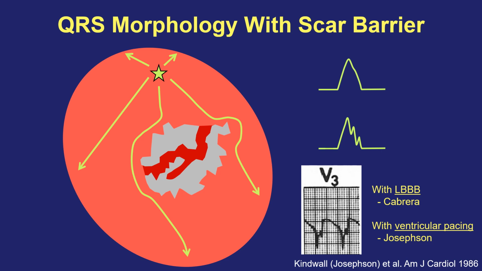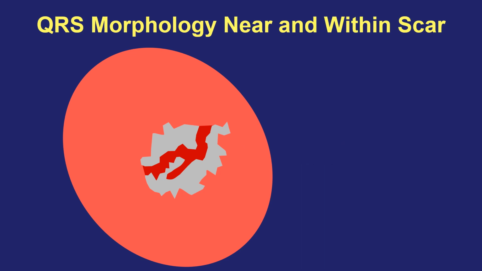Here's an article from 1986 published by Kindwall and Josephson, and part of the figure from there showing this sort of fractionation or jaggedness of the QRS. And that again signifies myocardial scar with the wavefront traveling toward and away and toward again particular leads, creating that jagged appearance. What if you pace right near the scar or even within the scar?